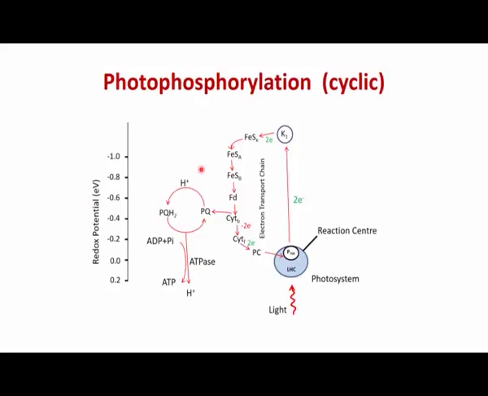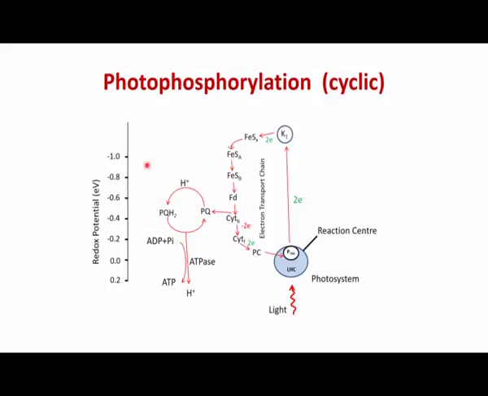Under these conditions photosystem 1 comes into the picture, where it acquires light of longer wavelength from the sun, and that starts the processes to catalyze the cyclic photophosphorylation.